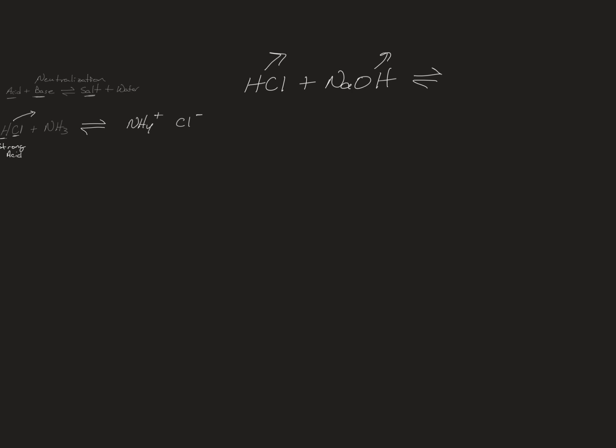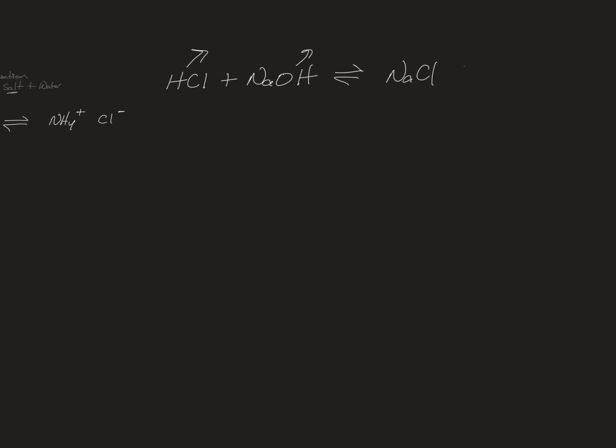What's left? NaCl, table salt, the stuff you sprinkle on your food, plus what? OH negative and H plus make water, H2O. So what you get is salt and water. Is that clear to everybody?